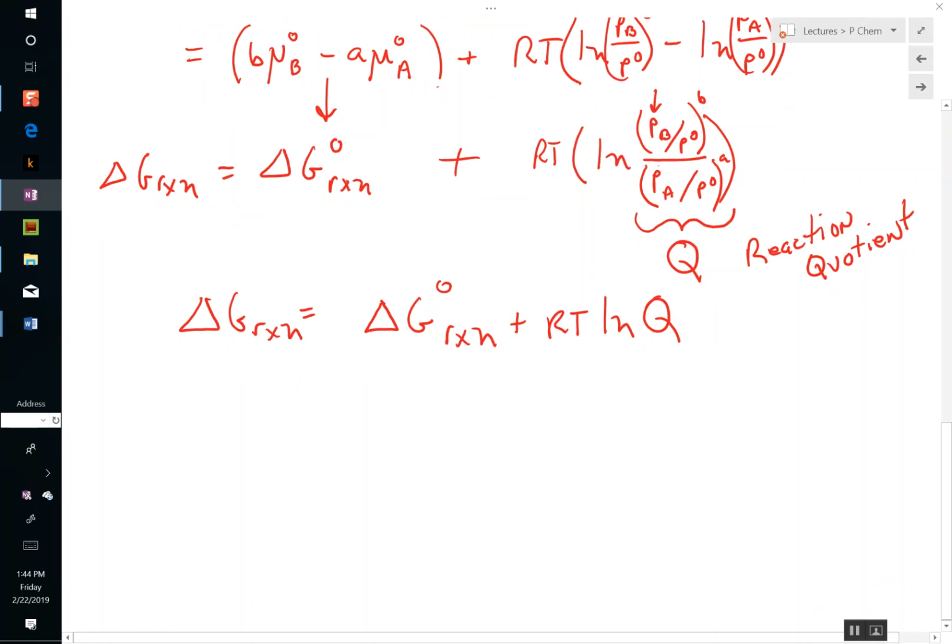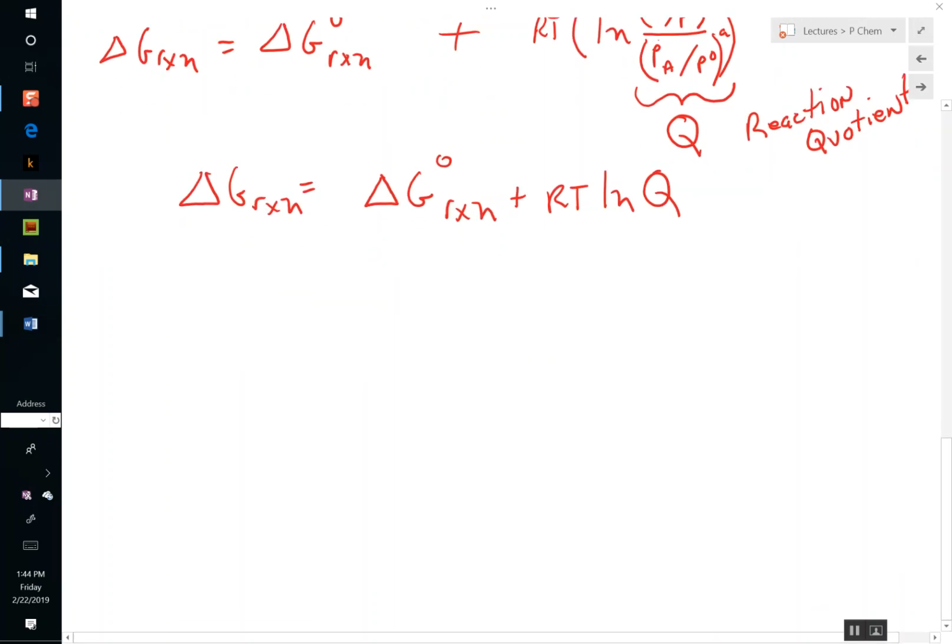But if we want to expand this to any number of reactants and products, you can change it to this. Now, does anybody know what capital pi is?